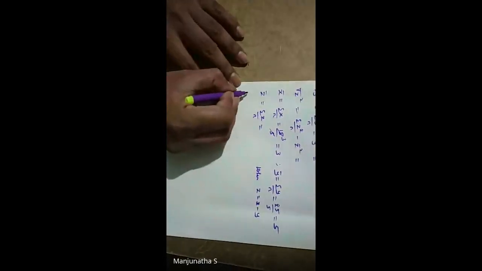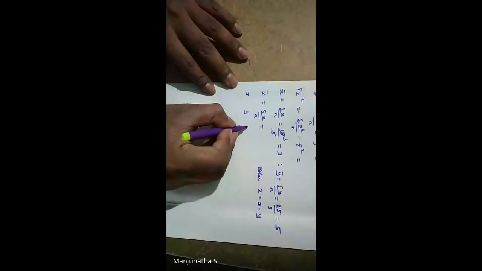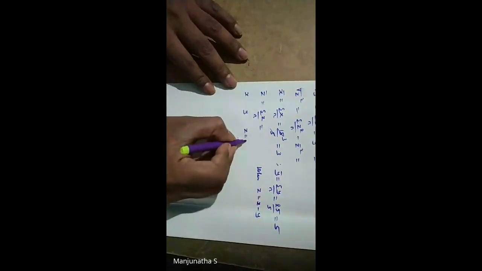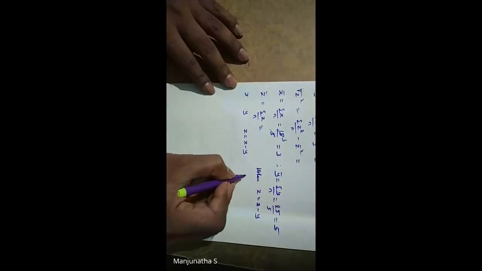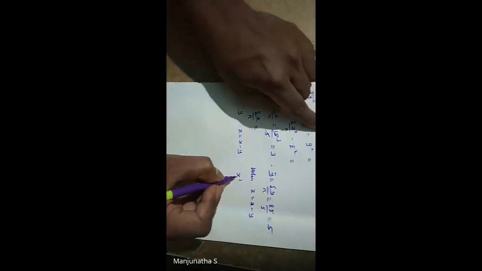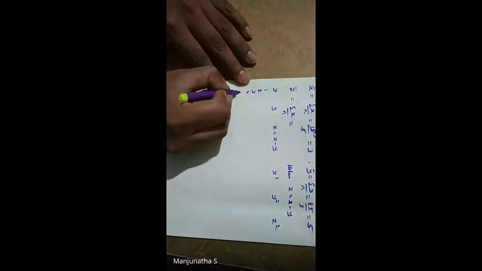So first we have small x, then small y, and then capital Z. The Z formula is x minus y. Then I need x square, y square, and z square. The x data is 1, 2, 3, 4, 5.